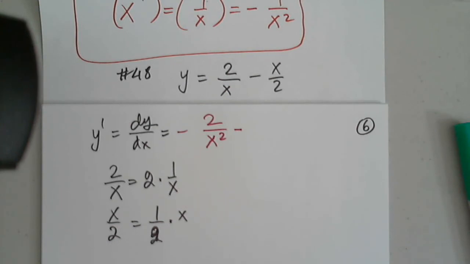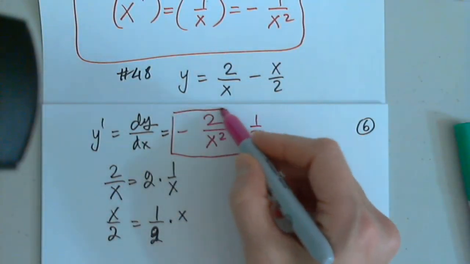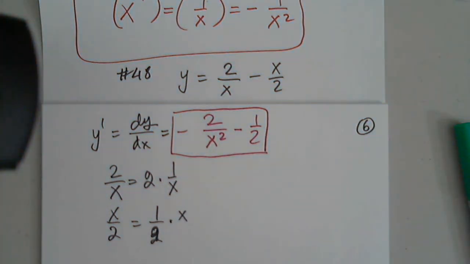We wrote it down a minute ago. How much is x prime? It's 1. Perfect. So this is negative 1/2. That's it. Very good. Okay, let's move on to 49 through 56.